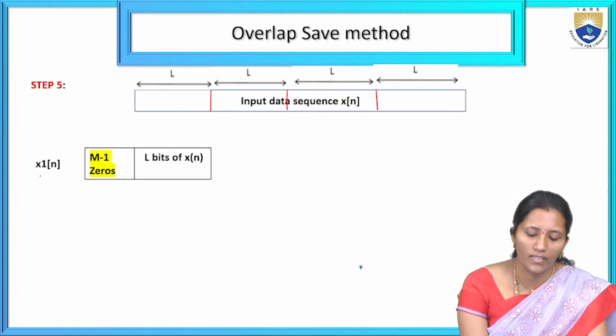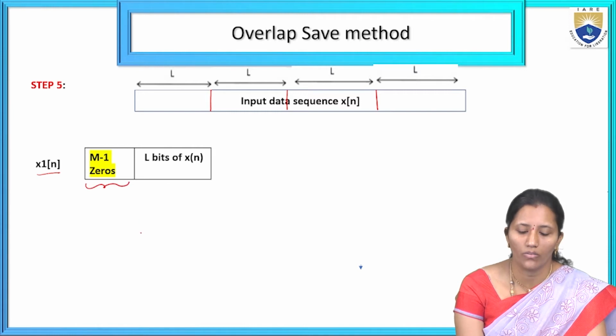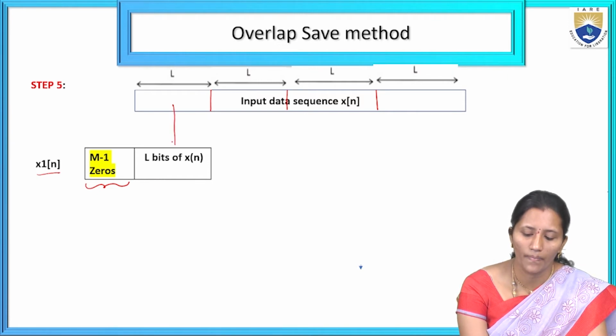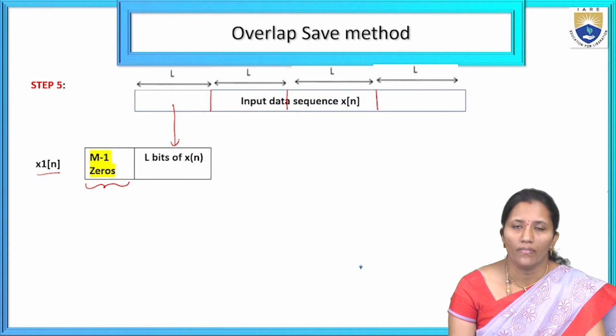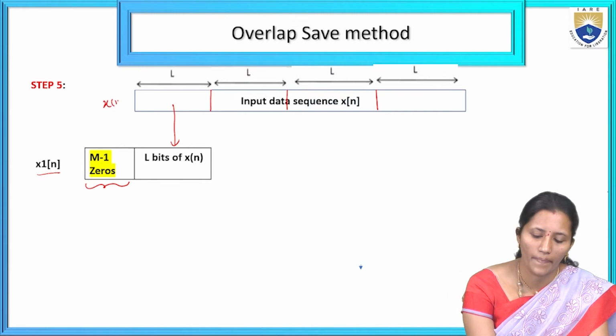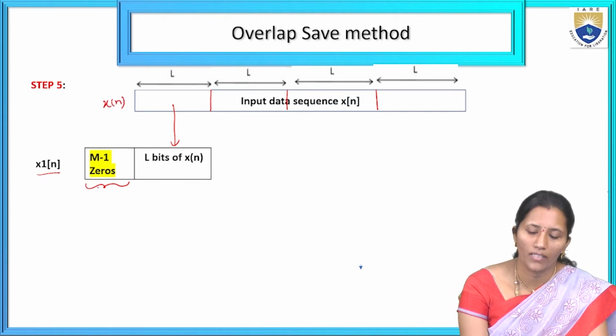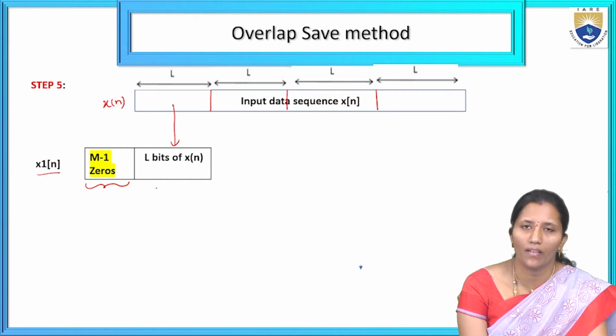How to get the first block x1 of n? First we have to add M minus 1 zeros, and the next bits are followed by the L bits from x of n. So M minus 1 zeros is followed by L bits of x of n.